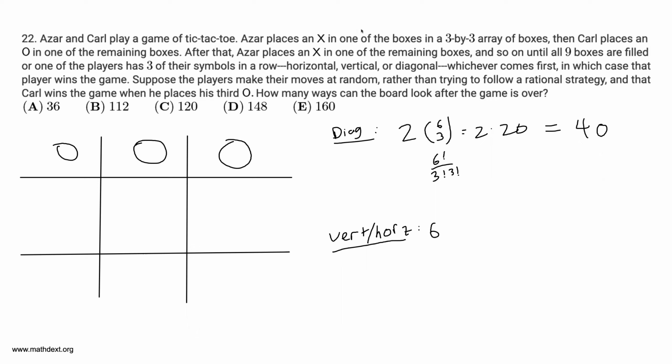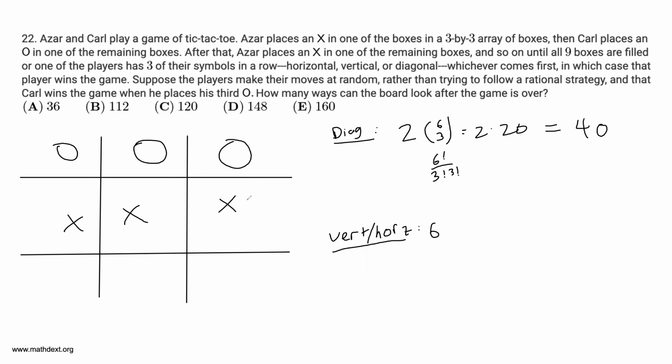And after that, there are 6 squares left for Azar to have his 3 X's in. And you might be tempted to just say this is 6 choose 3 again, but it's not, because Carl could not have put his O's, for example, like this.